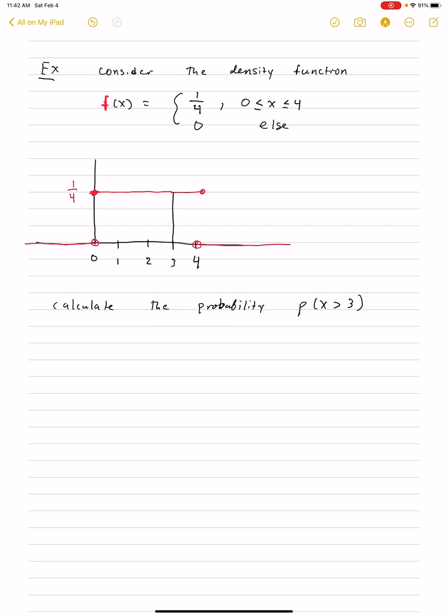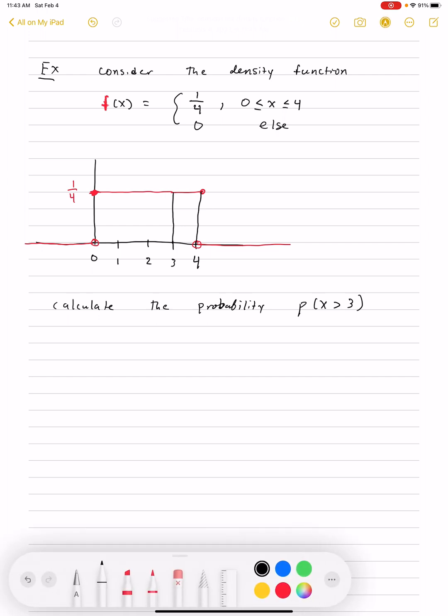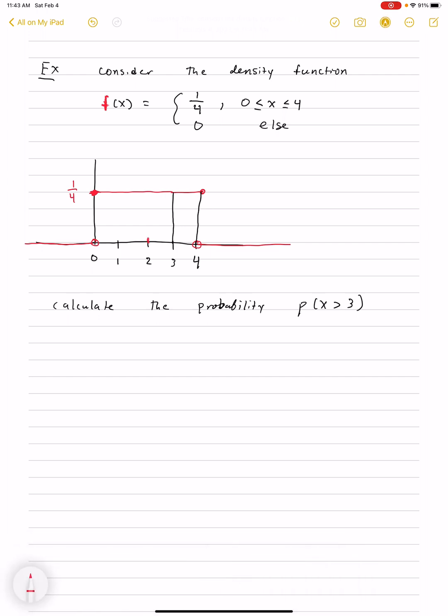well, this here, this is 1/4 of the area, because there's a total of 4 boxes that fit here.